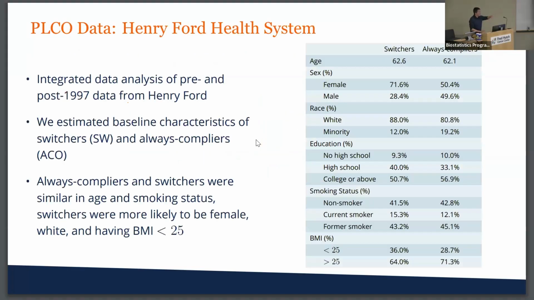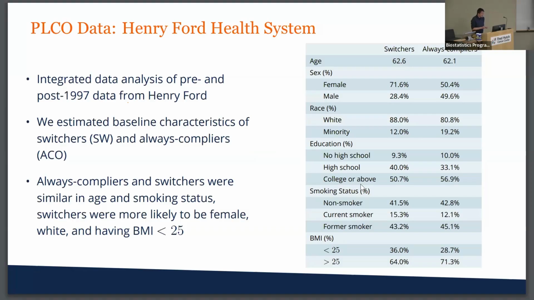So here is what happens in that PLCO trial. What are those switchers? It's an integrated data analysis of pre and post 1997 data, the dual consent stage and the single consent stage. Roughly, compliance increased from 50% to 90% after they changed the protocol, the way they consent people. Here is the summary statistics, Table 1, of the always compliers and the switchers. I think it's pretty interesting.